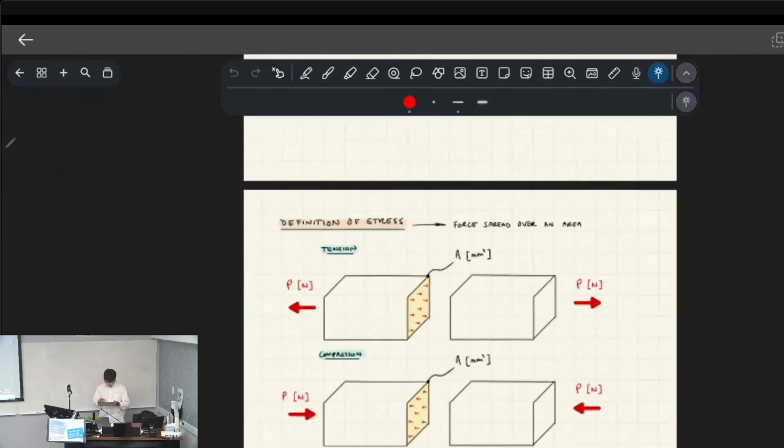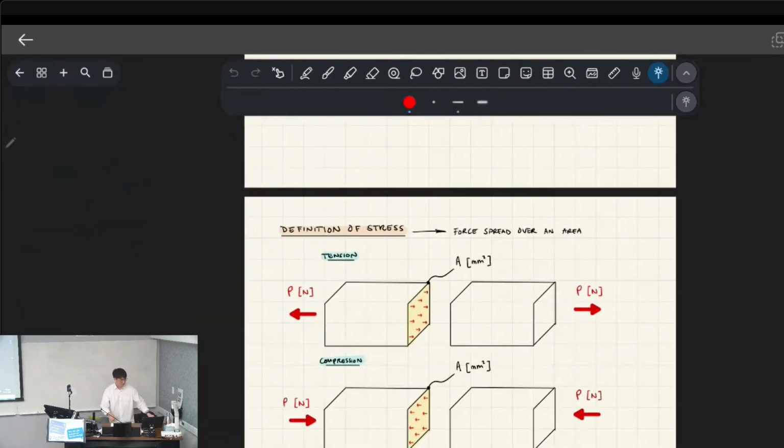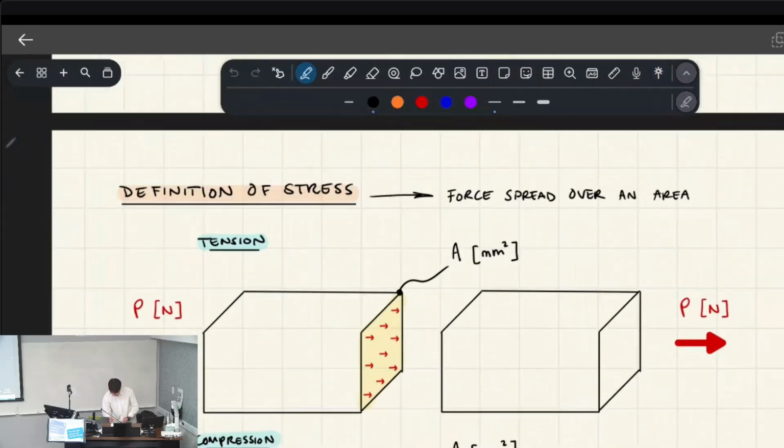If I have a material, like a solid object, like this bit of wood, and I'm pulling on it, I'm basically imposing a tensile force on it, because it wants to rip the material apart. So that's basically what P is.